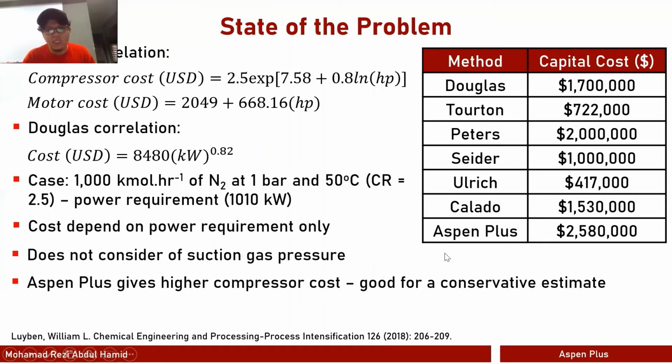One thing the author also highlights here is that Aspen Plus gives the highest compression cost, which is 2.5 million. That is good if you want a very conservative estimate of the compressor cost. But the point here is all of these are just way too different, and the author wants to investigate this. For Aspen Plus, we will try to confirm this number later on.